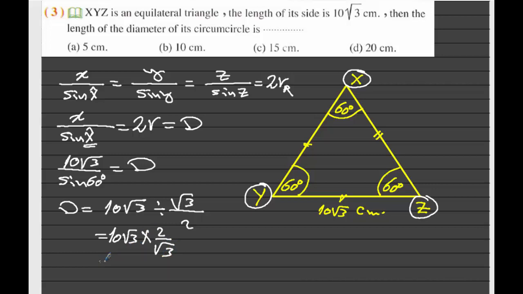By simplifying, we get the diameter equals 10 multiplied by 2 equals 20, of course dividing up and down by root 3. 20 centimeters, and the answer is letter D.